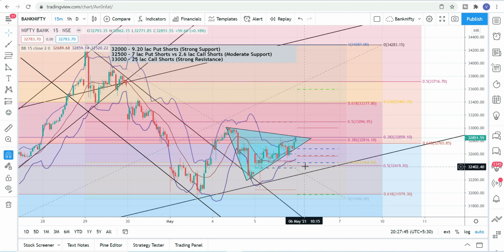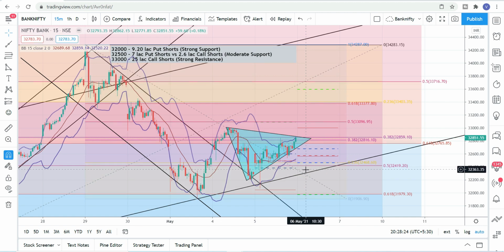But again, there is one challenge: once you have entered into a short, after probably 100 points, you are going to face the support of the channel as well. So far it has taken support twice at the moment. Tomorrow if you enter into a short at 32,420 or 410 levels, somewhere around here you may get stuck. But you should take that chance, and be very cautious and attentive: if you see it has tested this level and is now making a bounce back, you should exit your position right there.